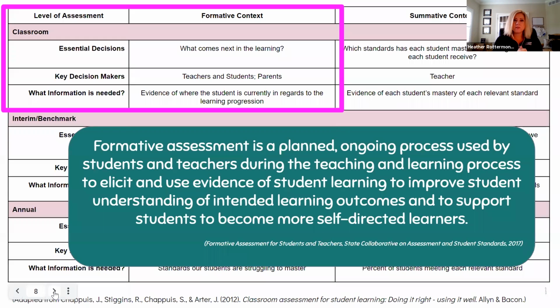And so what you'll see here from the definition that we use in Michigan, and what you'll see around the key decision makers, you'll notice that students are very much a part of this process.